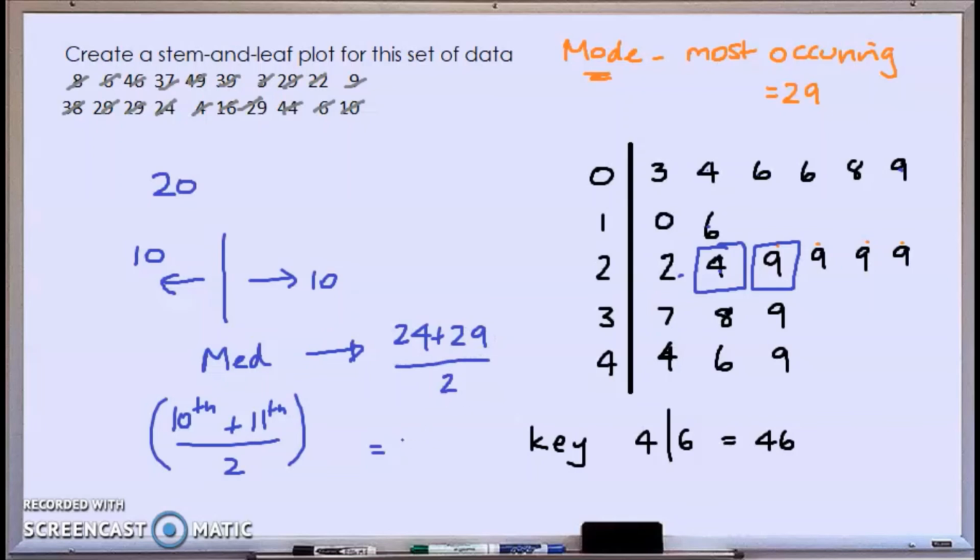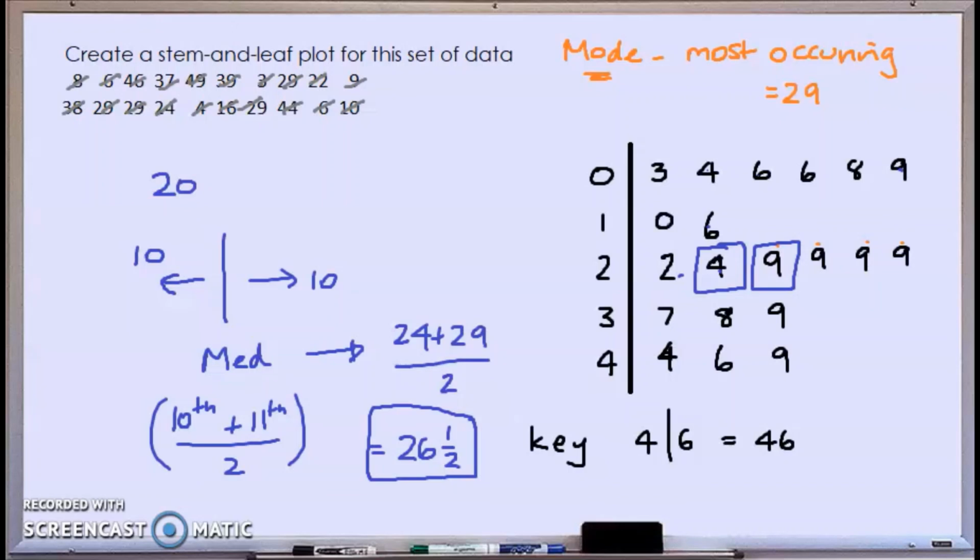So half of 53 is 26 and a half. And that's my median. To work out my mean, I would need to add up all the individual numbers and divide by 20. And you can see that can start being more difficult than finding the median or the mode.